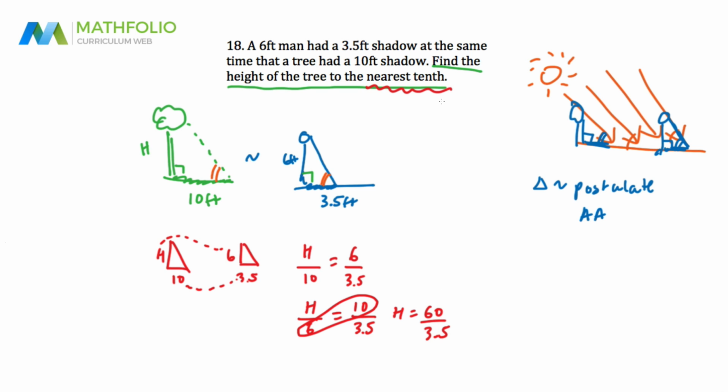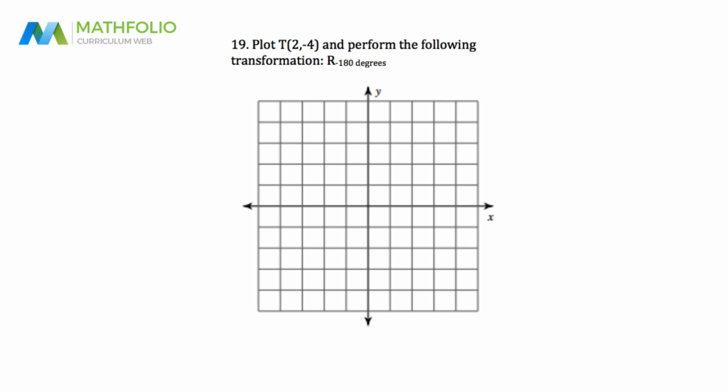And because the question says to the nearest tenth, question 18, nearest tenth, this is going to be 17.1. That's going to be our answer when you do it on a calculator. 17.1. And also units, feet. That was question number 18.